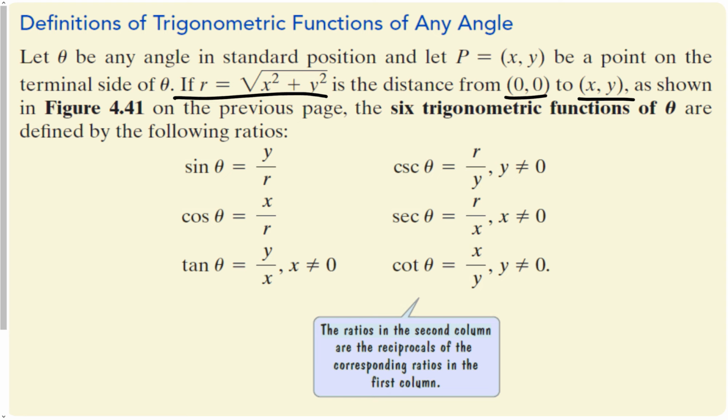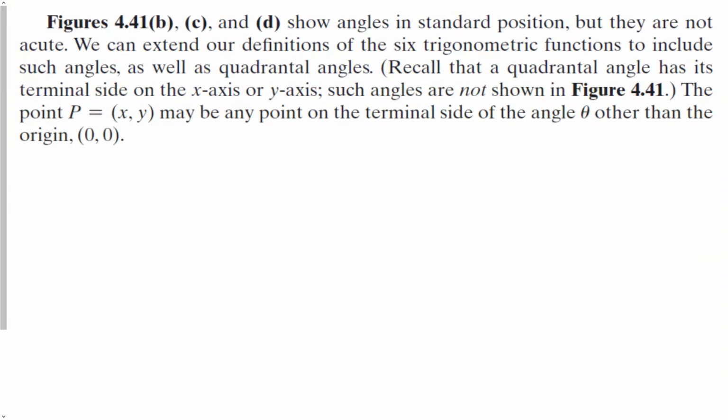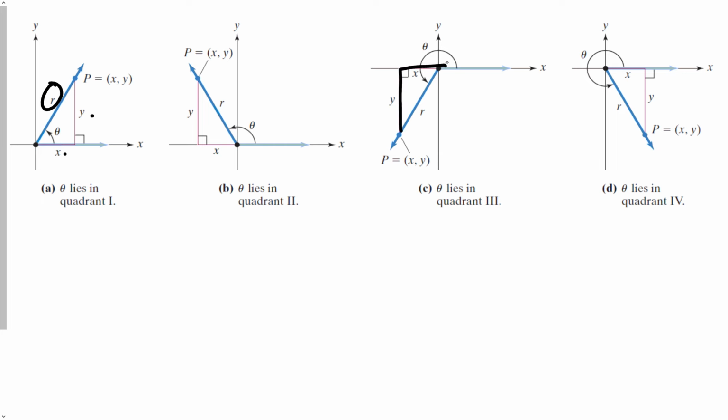So as long as that is true, we can find the 6 trigonometric functions based on, not necessarily SOHCAHTOA, but kind of like that, because the y coordinate would be the opposite side and the r coordinate would be the hypotenuse. We're going to put these in terms of this coordinate instead of having to draw a right triangle every time.